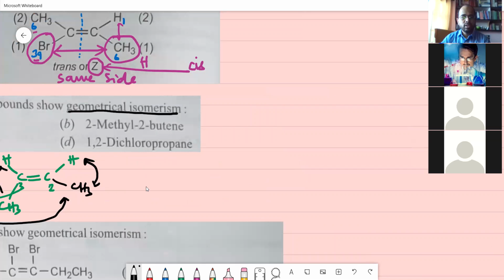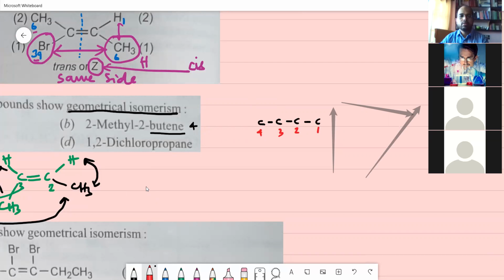Now the second one is 2-methyl-2-butene. Again you look at this. So you have to put C, C, C, C. Butene has 4 carbon atoms attached. Numbering is from the right side: 1, 2, 3, and 4. The double bond is across the 2.